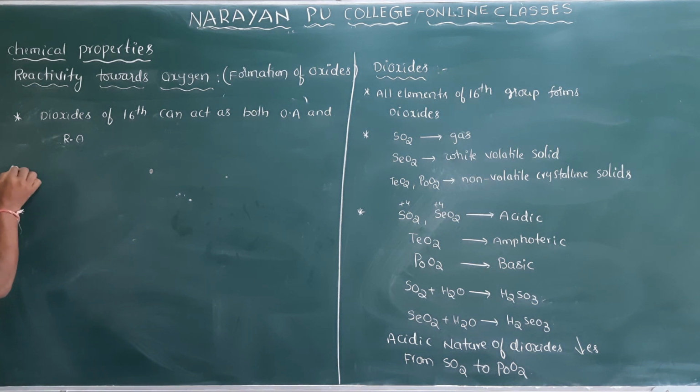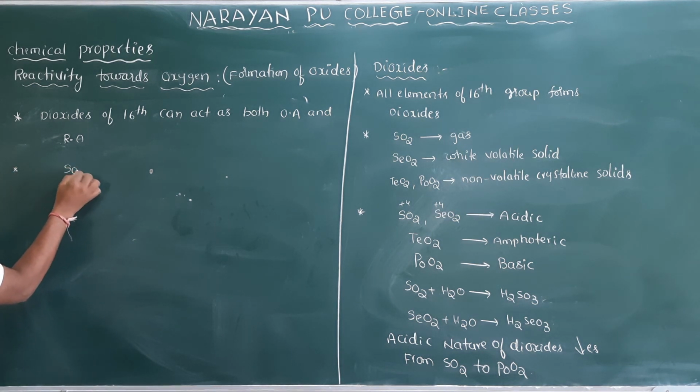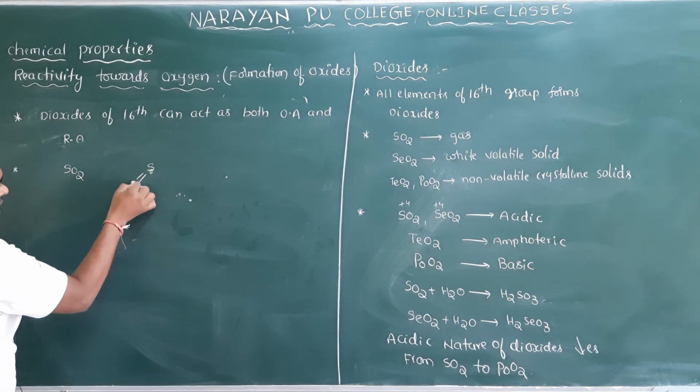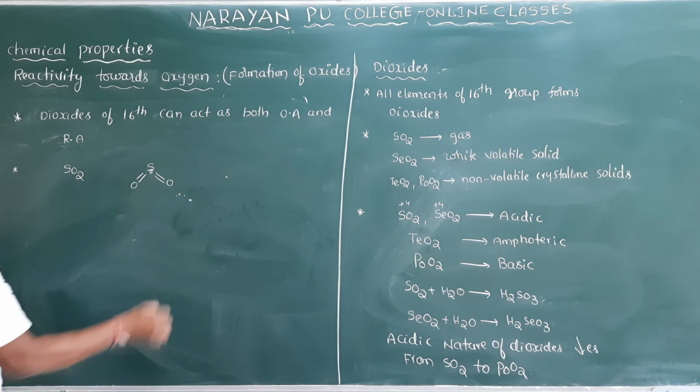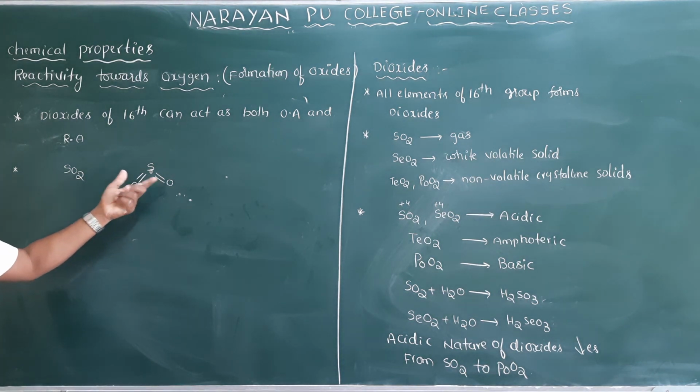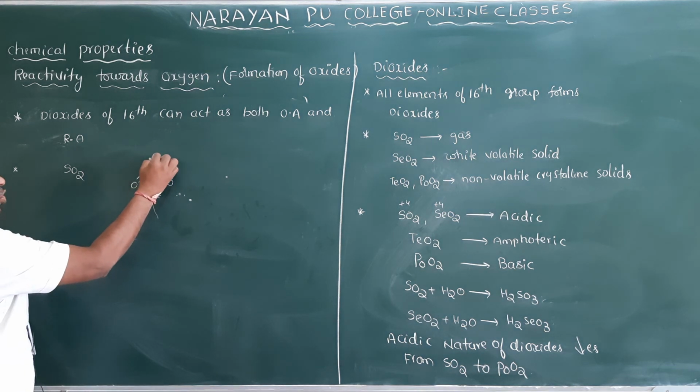Suppose I take SO2. This is sulfur with a double bond here and a double bond here. So 4 bonds are there and it will have one lone pair of electrons.